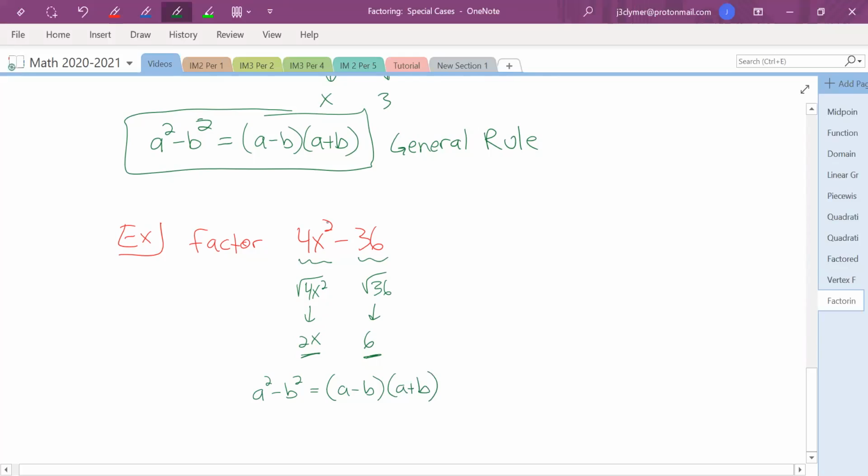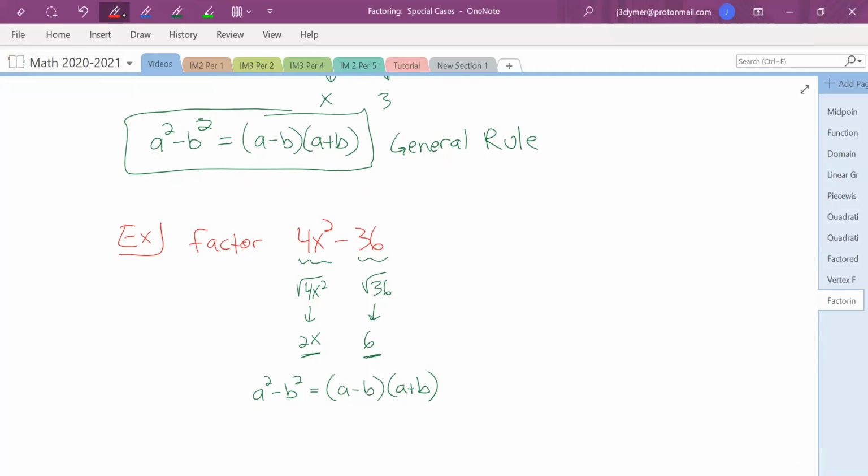So if this first term is a squared and the second term is b squared and there's a minus in between, then this is what it becomes. It becomes basically the same binomial multiplied by itself. It's just that the signs are different.